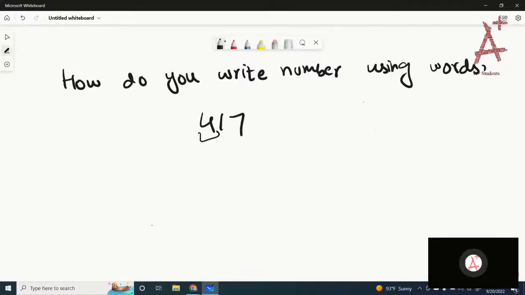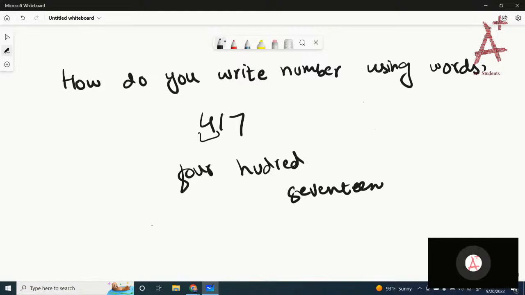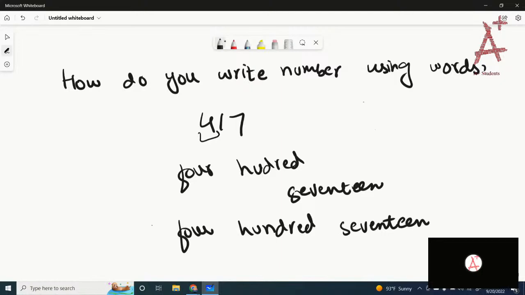So 400, and the digit that is at the tens place is 1. So 417. That means you can write it as 417. Got it? Select the correct option and click on the OK button.